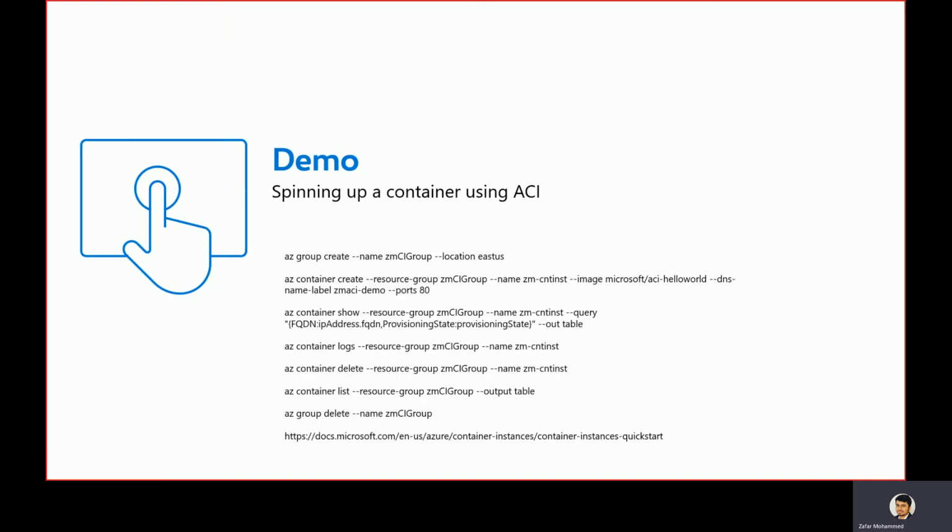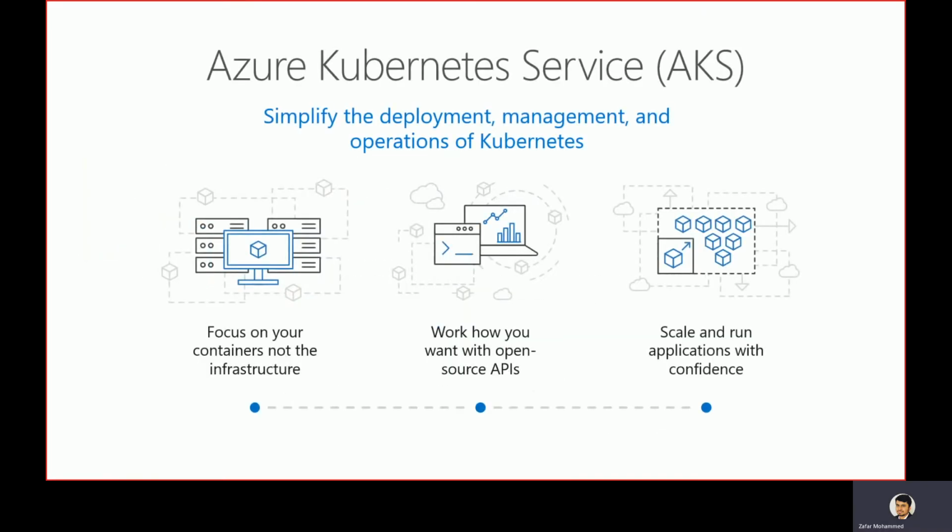So let's move to the rest of the presentation here. The next service that I want to talk about is Azure Kubernetes Service. Azure Kubernetes Service, like I mentioned before, manages your hosted Kubernetes environment, making it quick and easy to deploy and manage containerized applications without container orchestration expertise. I will show you what all steps are required to actually deploy to an Azure container service from the portal, and to show you how many different steps there are.